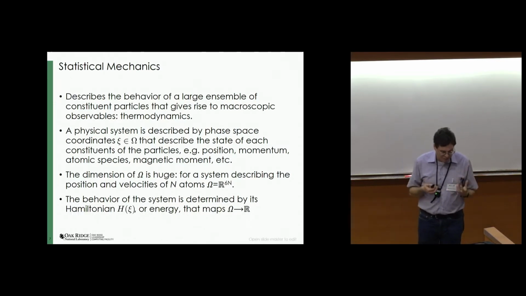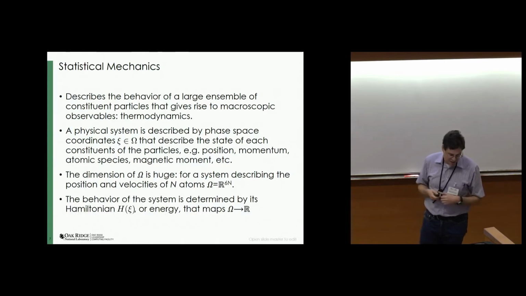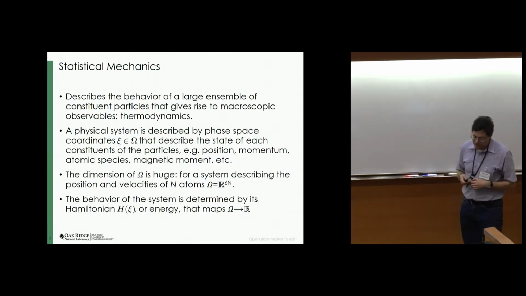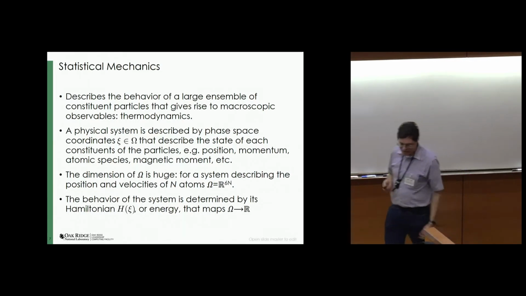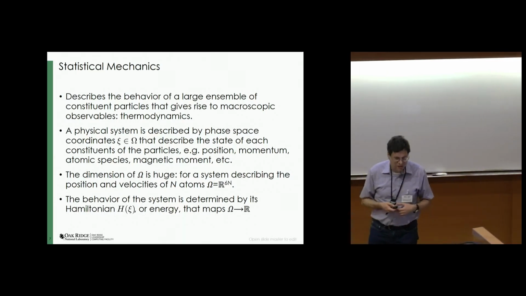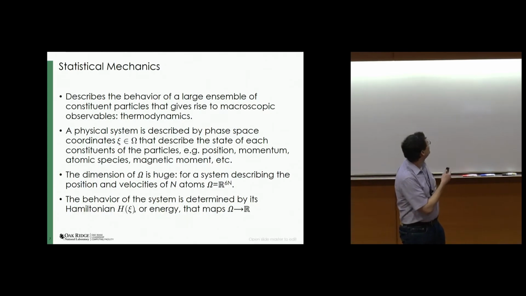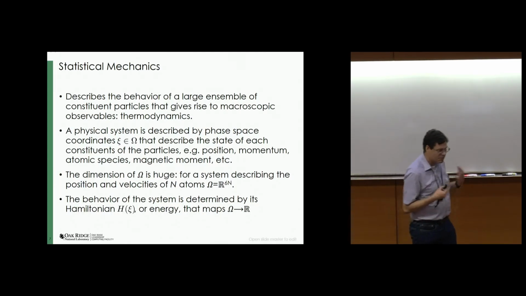And the really fundamental function in all of physics is the Hamiltonian, and that is the energy of the system that maps this phase space to a real number, which is the energy.